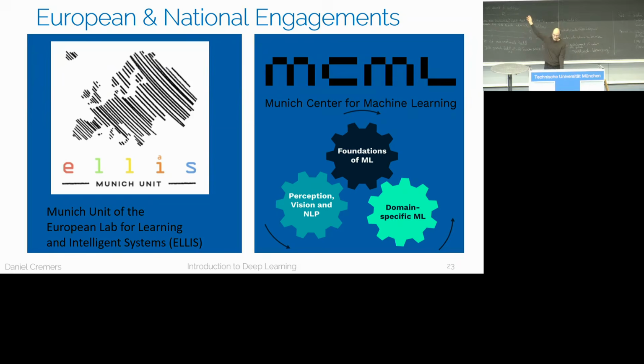The third pillar in MCML is on perception, vision, and natural language processing. Why is that a separate pillar here? First of all, vision and image analysis is not a specific application area. You can do image analysis for Earth observation, for chemistry, for biology, for medicine. So image analysis and vision are used in many application areas, and they're more a methodological area.